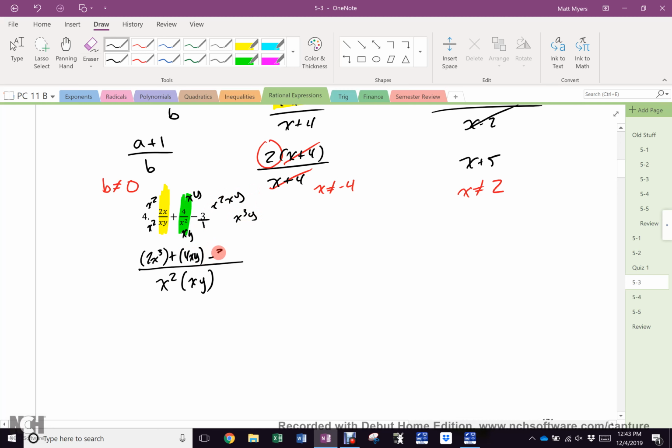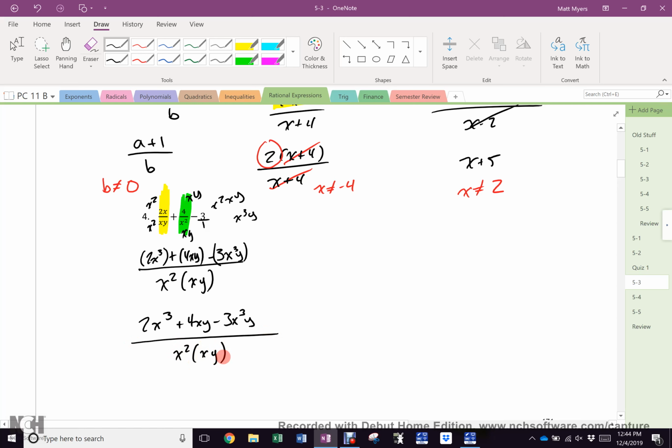So minus 3x cubed y. Agreed? Any problems there? Stop me now if there is. Because that's about as easy as it gets. And if you can't follow me right there, I've got to slow it down. Is everybody good? Okay. My numerator is now 2x cubed plus 4xy minus 3x cubed y over x squared xy. Yes?